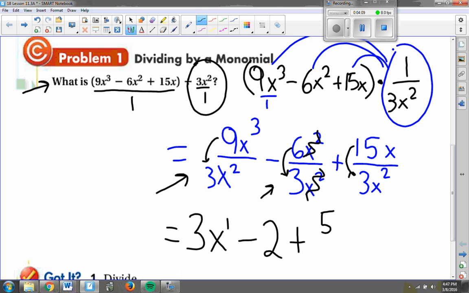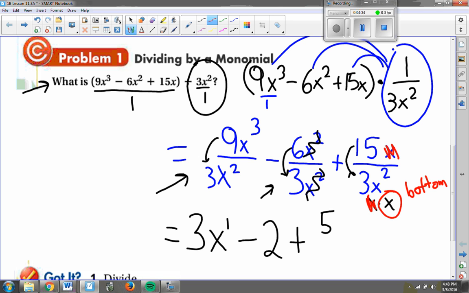But now here's where things get a little bit different. In this last term, I have 1x on the top, and I have 2 x's on the bottom, right? This is like x times x down here. So I can certainly cancel this x with one of those 2 x's, but notice I still have one on the bottom of my fraction. Okay, because I had 2 on the bottom, only 1 on the top.